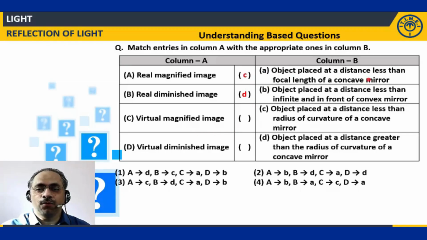Less than the focal length of a concave mirror. So next is A over here. And then finally, what is remaining? B. So virtual diminished image is B. So C, D, A, B. Where is the option? C, D, A, B. So the third option is the right option. Clear?